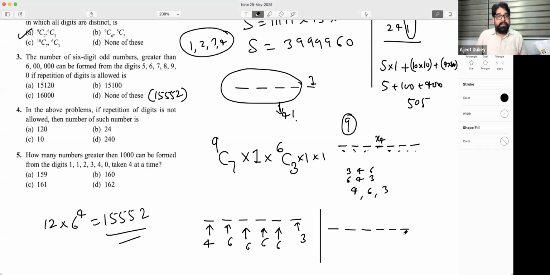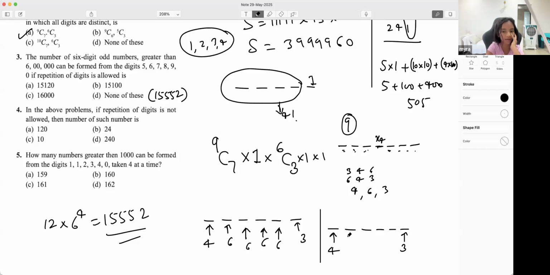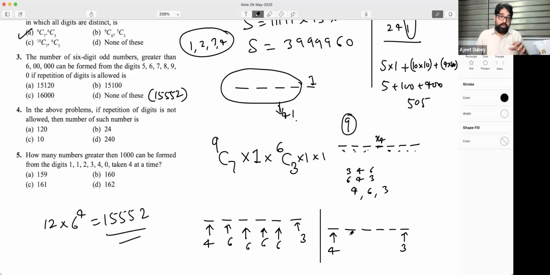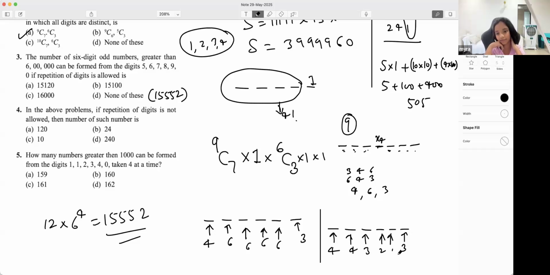So in a similar way, this place can be filled by only 3 ways. This place can be filled by 4 ways. And now 2 digits are already gone, so I'm having 4 digits. This place will be 4 ways. This place will be 3, 2, 1.